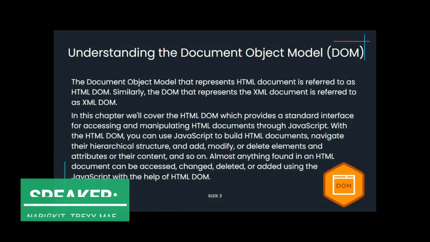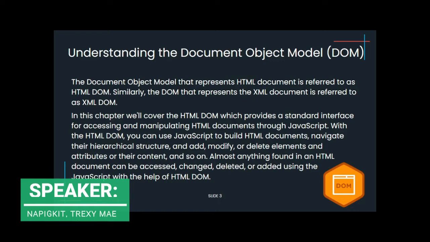The document object model that represents an HTML document is referred to as HTML DOM. Similarly, the DOM that represents an XML document is referred to as XML DOM.